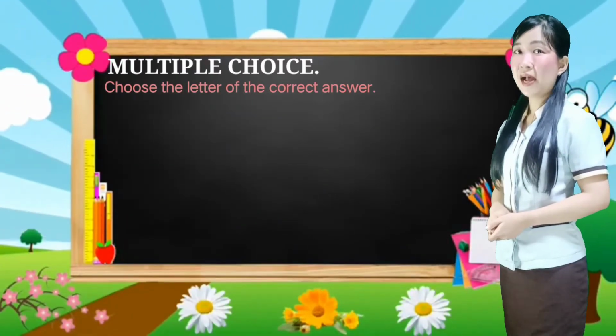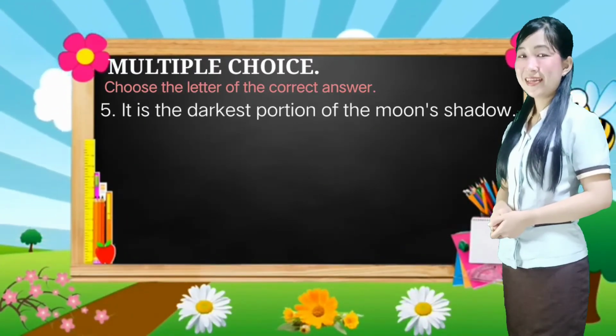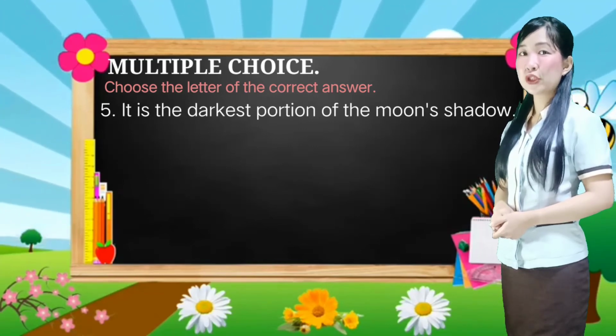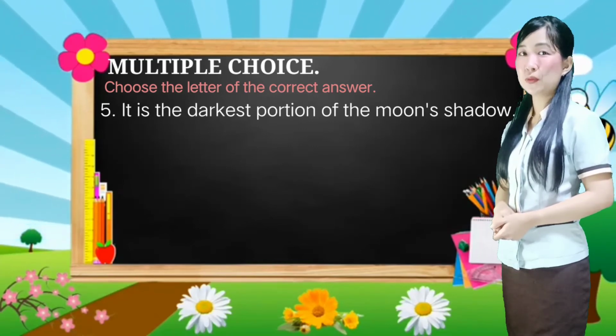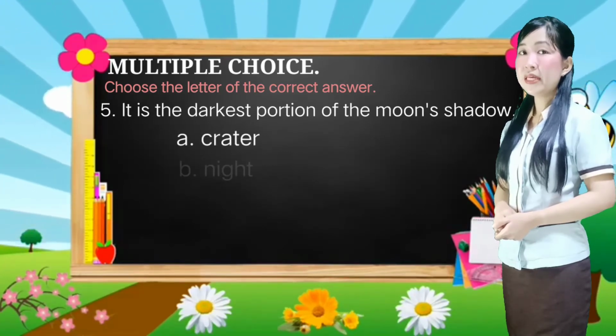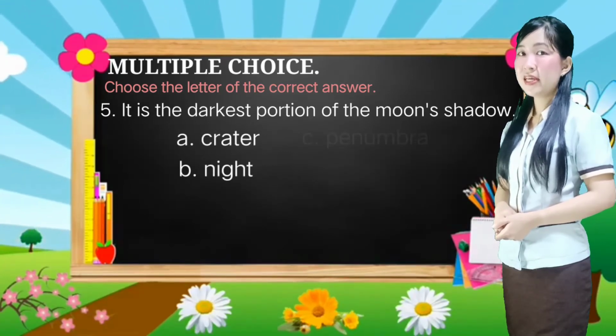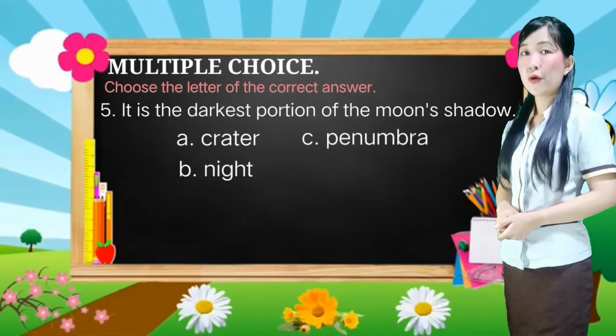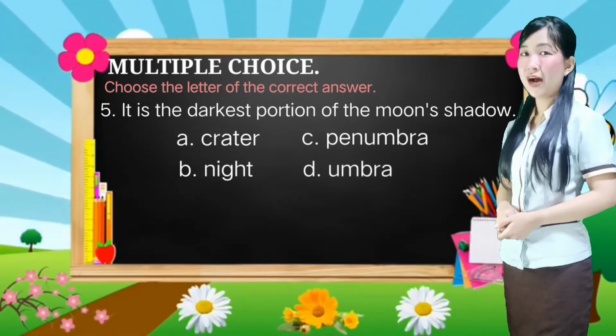And the last number, it is the darkest portion of the moon's shadow. Letter A, crater. B, night. C, penumbra. Or letter D, umbra.